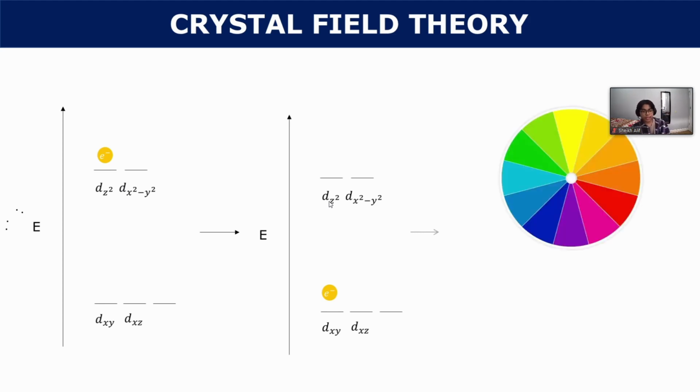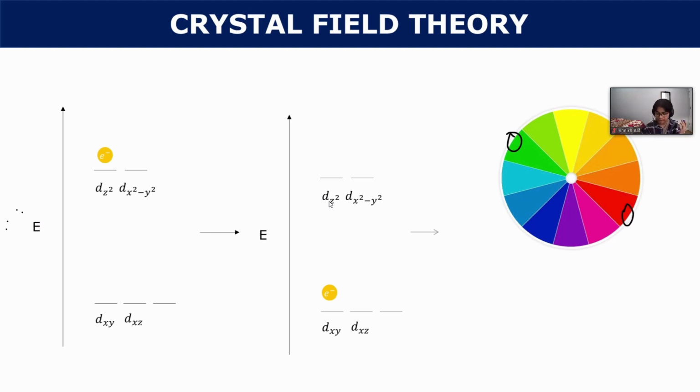It turns out that whatever wavelength of light you absorbed to bring the electron from the lower state to the higher state, on the color wheel, it's the opposite color that's going to be emitted. So let's say you absorbed a green wavelength. What color are you going to see in the solution? It's going to be a red color.